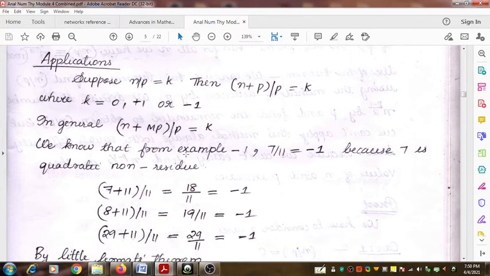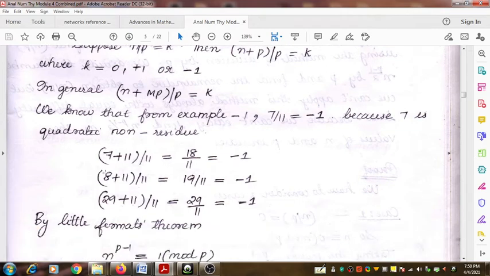We can apply this in some examples. We know that 7 and 8 are quadratic non-residues mod 11. So (7/11) equals -1 and (8/11) equals -1. Therefore (7+11 / 11), that is (18/11), will also be -1, and (8+11 / 11), that is (19/11), will also be -1.